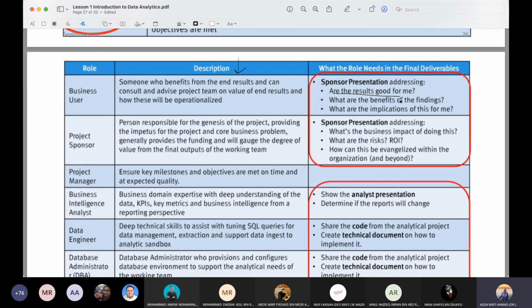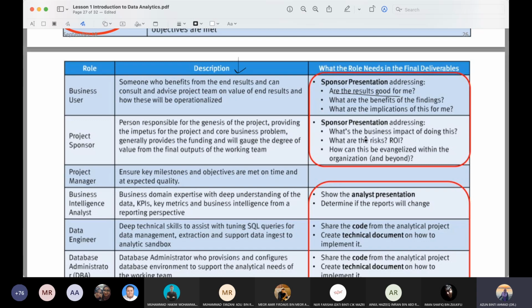During development, dia akan jadi macam lain sikit, lari sikit daripada objektif asal. But still, kalau kata macam lain sikit, tapi still can give benefits, can produce good results, and then positive implication to the business. So basically, I think the business user will accept je.